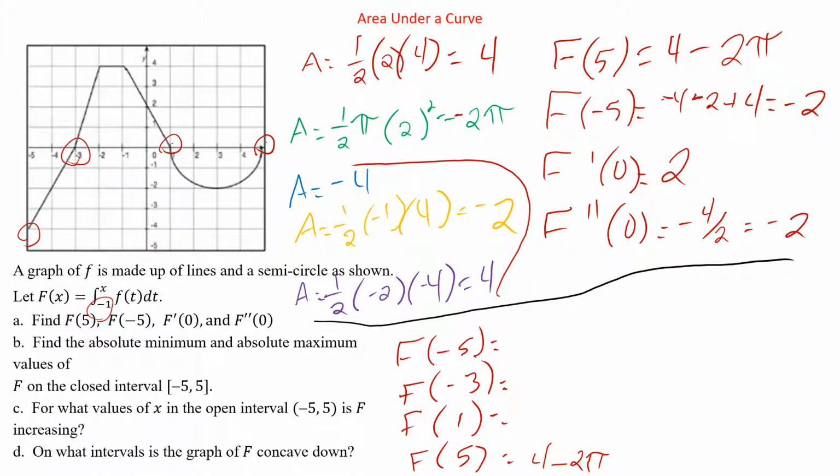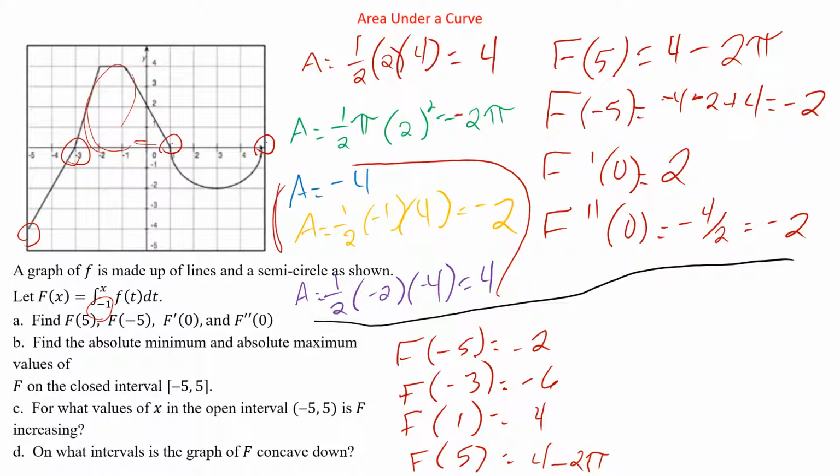We know f of -5 is -2. F of -3 is just these two added up, so the blue and the yellow, that would be -6. F of 1 is just this initial triangle, the red one up here, so that would be 4.